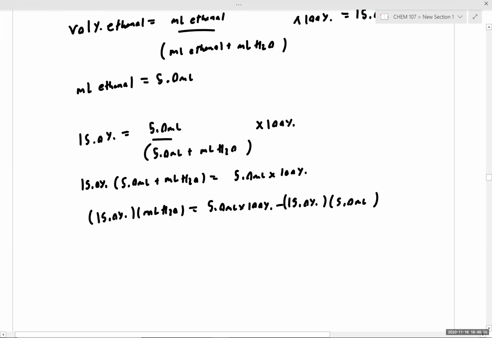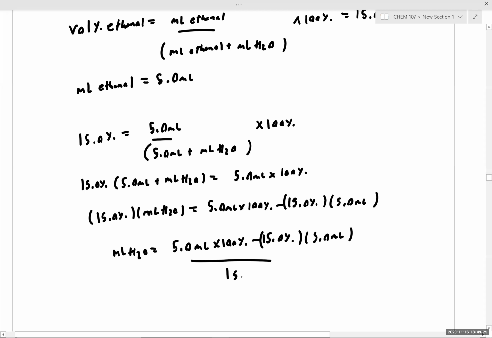This is just algebraically solving for our desired term. That in turn gives us the milliliters of water as 5.0 milliliters times 100% minus 15.0% times 5.0 milliliters, over 15.0%.